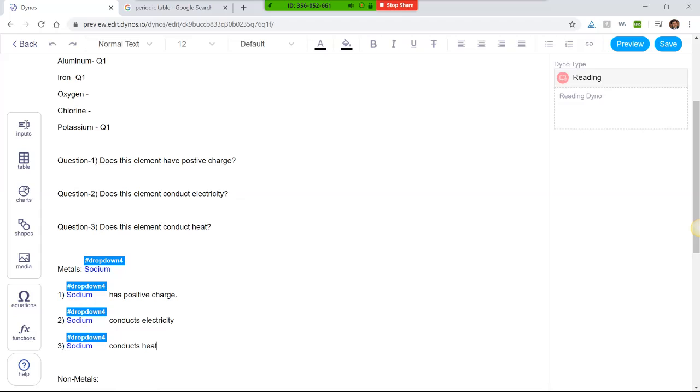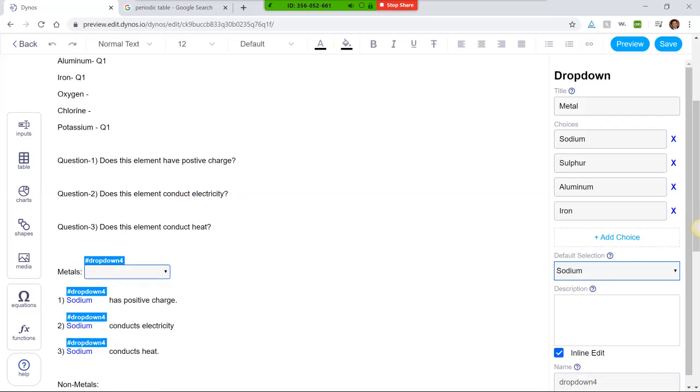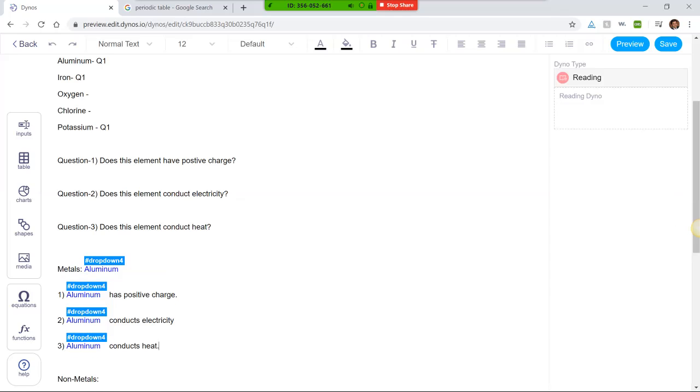Sodium conducts heat, right? If you know more properties, you can do that. So these are all metals, right? So you can replace sodium with aluminum. It has the same properties, right? So this is a pattern. And you can do the same thing for non-metals also.